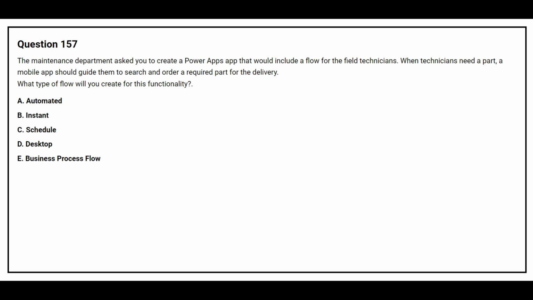Option A, automated. Option B, instant. Option C, scheduled. Option D, desktop. Option E, business process flow. The correct answer is option E, business process flow.